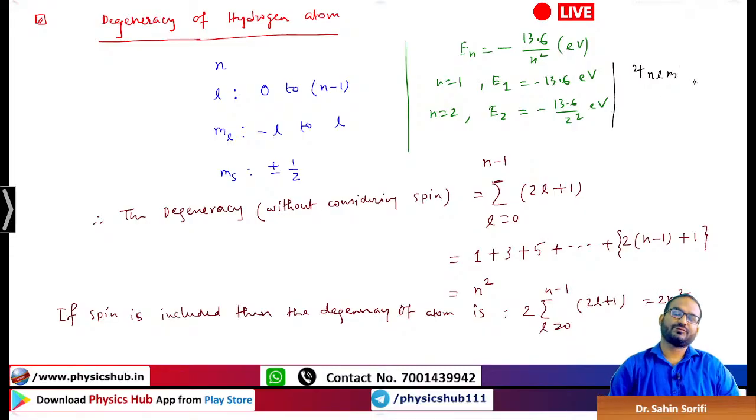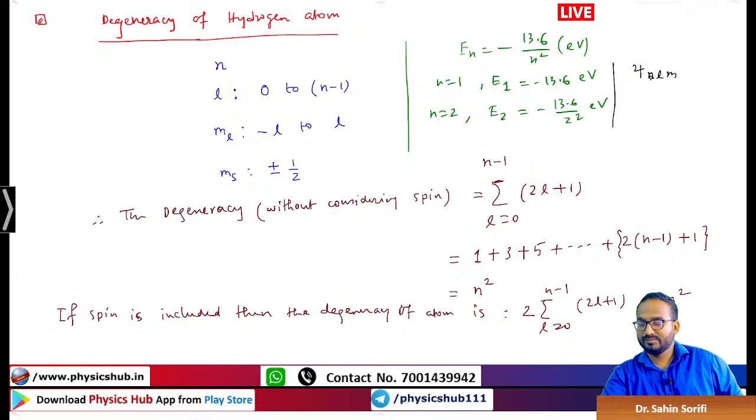This is how the wave function is given. So, although the energy level is decided by the principal quantum number, the wave function also has dependency on l and m. So, that is why corresponding to a single energy, there may be a number of eigenstates. Okay.